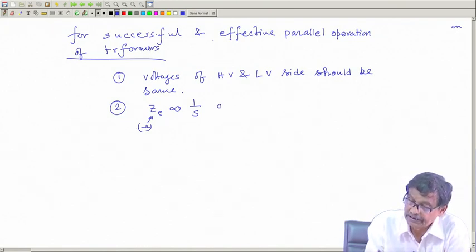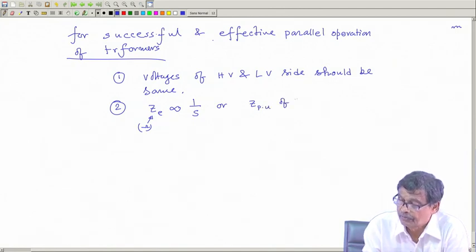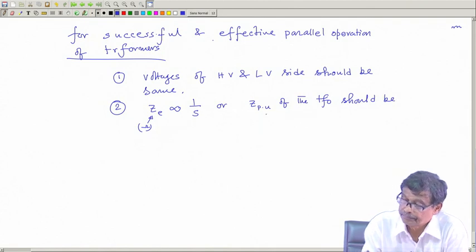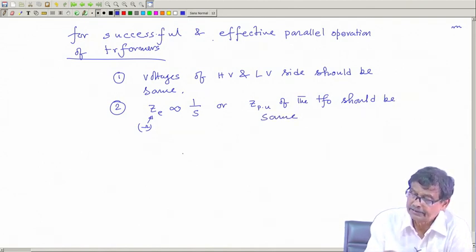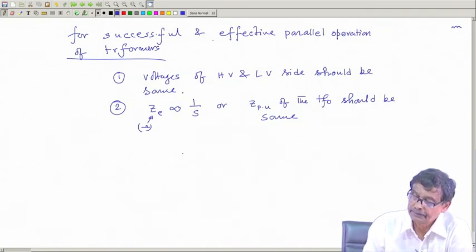Or same thing is, ZPUs, per unit of the transformers should be same. When this condition is satisfied, what is guaranteed? The current divisions of the transformers will be in the ratio of these two currents. Okay? Fine.